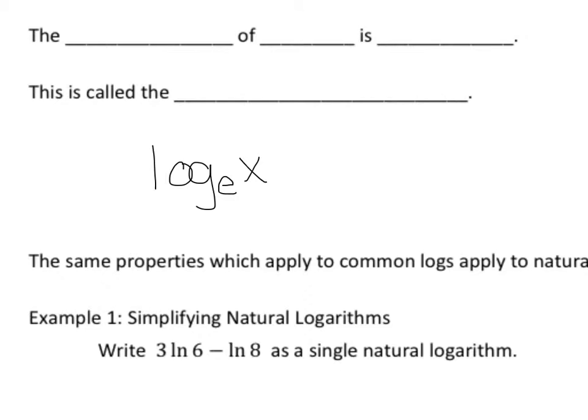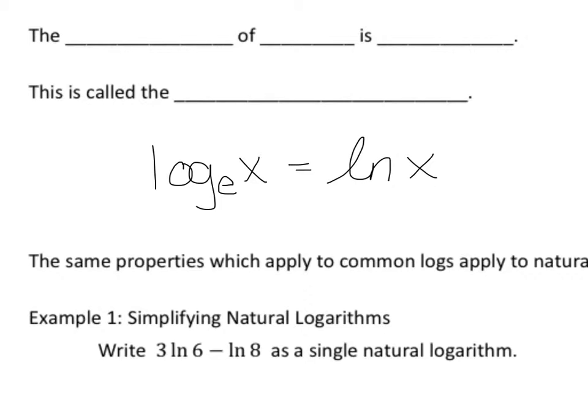But instead of writing log base e of x, we actually just write ln of x. I did it in cursive because I felt like it would look like a 1, which I guess the log looks like a 1 too, but whatever.